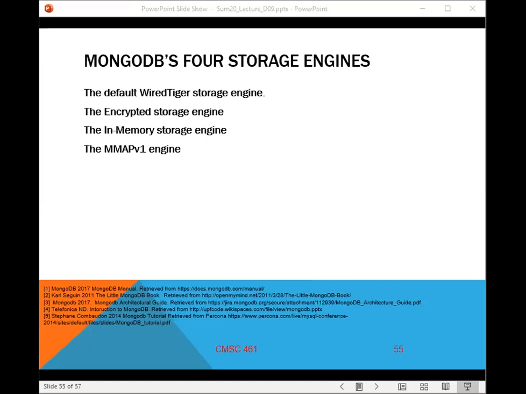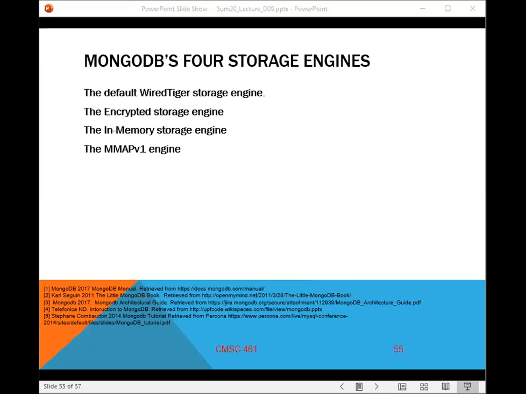You also have the option of an encrypted storage engine. Obviously this is good for protecting highly sensitive data without the performance or management overhead of separate file system encryption. This isn't free. This comes with the paid versions of MongoDB.